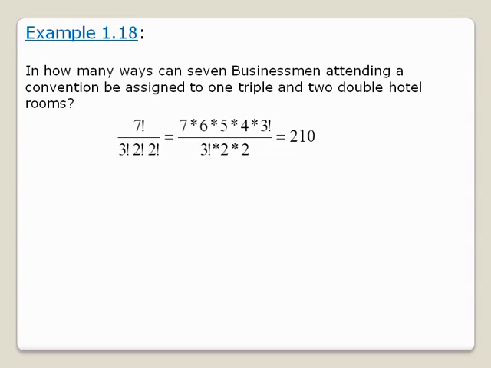So we have 3 subsets. The first subset contains 3, the second subset contains 2, and the last subset contains the remaining 2. If you add 3, 2 and 2, you get the total 7. Now the calculation will yield 210 different ways.